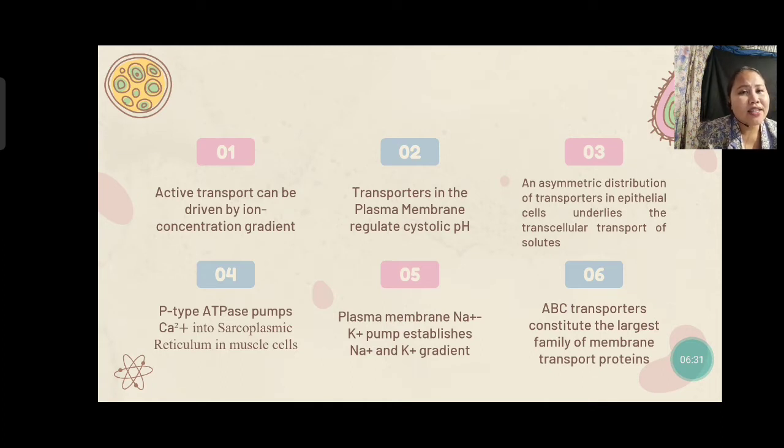Number 4, the P-type ATPase pumps calcium ion into the sarcoplasmic reticulum in muscle cells. And number 5, the plasma membrane sodium ion, potassium ion pump establishes the sodium ion and potassium ion gradient, while the ABC transporters constitute the largest family of membrane transport proteins.